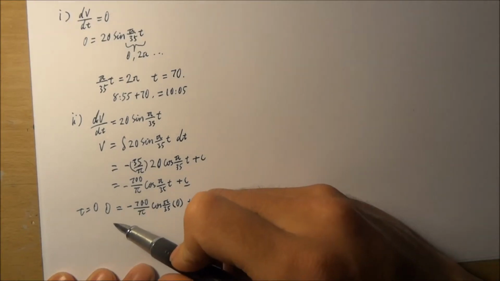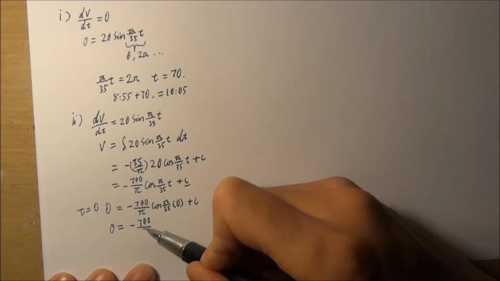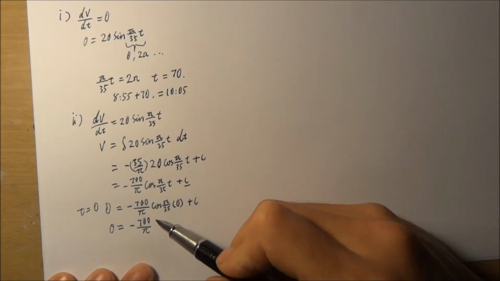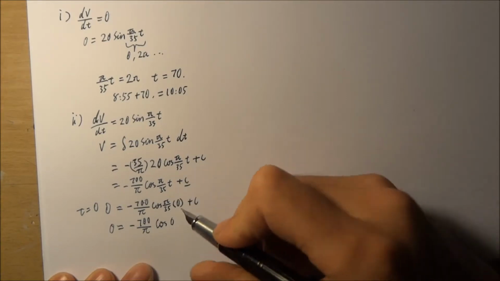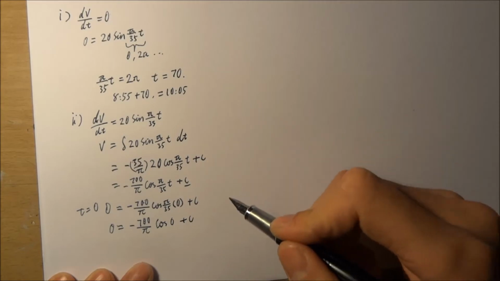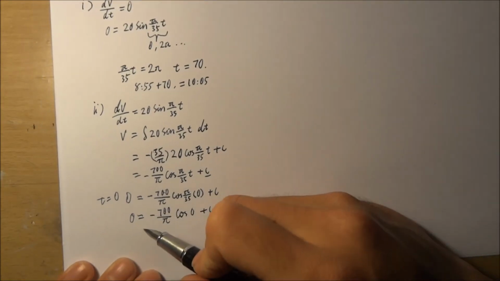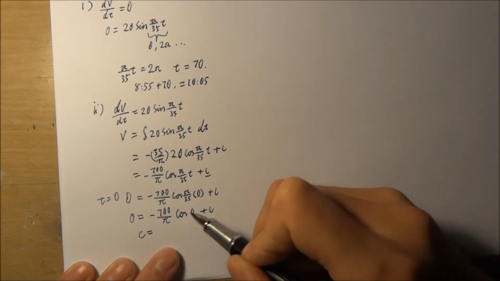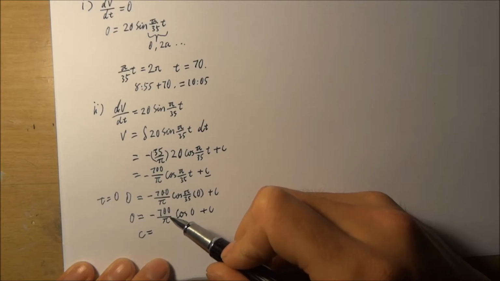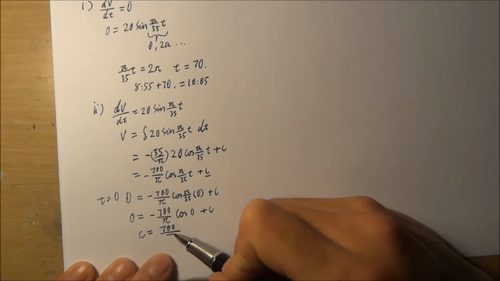So 0 equals minus 700 over pi cosine 0 plus c. And if you remember, cosine 0 is 1, so minus 700 over pi plus c will have to be 0, which means that c is 700 over pi.